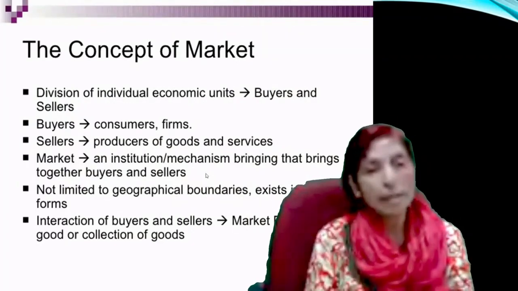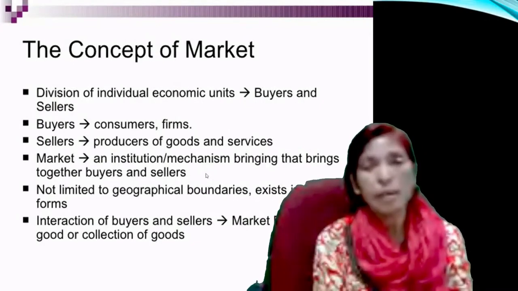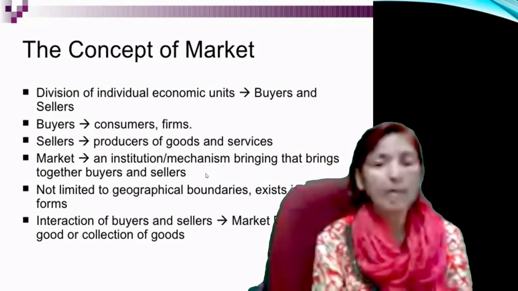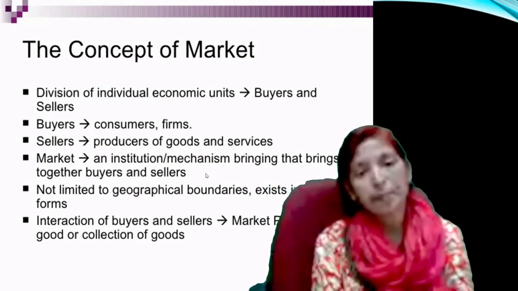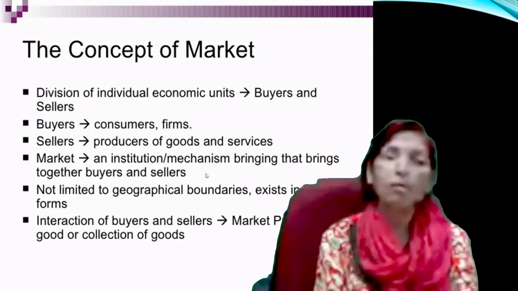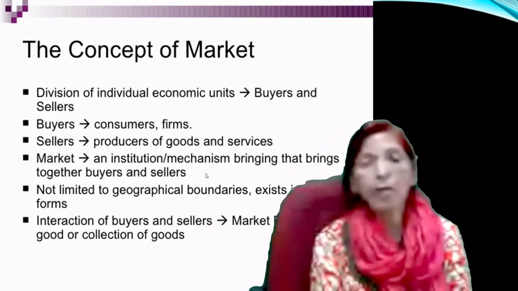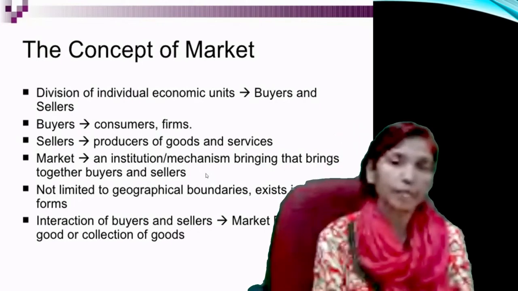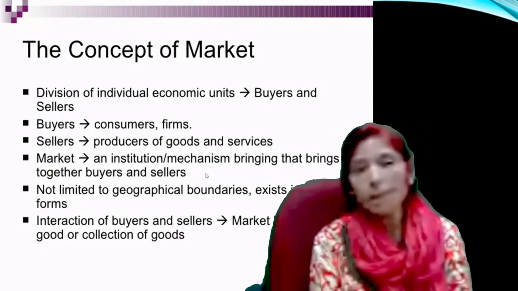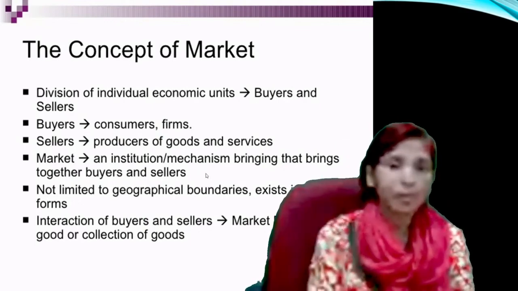Market is a place, an institution, a mechanism that brings together buyers and sellers. A market may be perfect competition, monopoly, monopolistic competition, or oligopoly. There are no limited geographical boundaries, and markets exist in many forms.